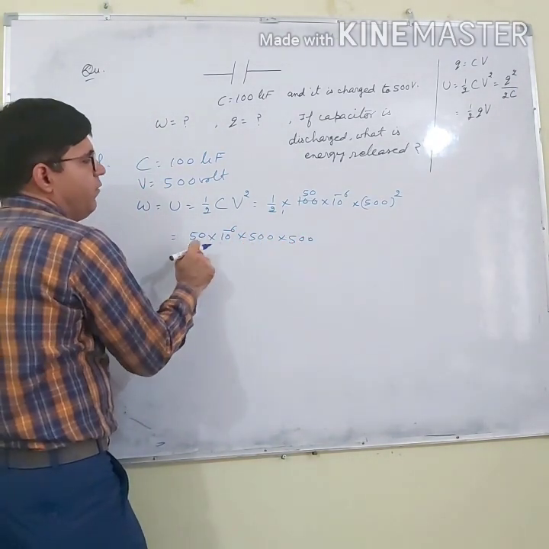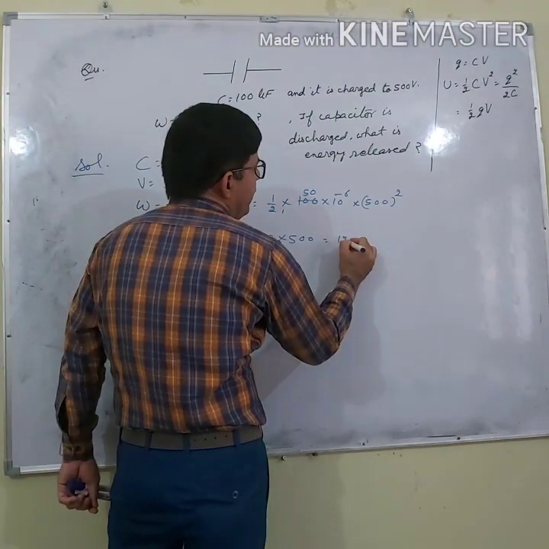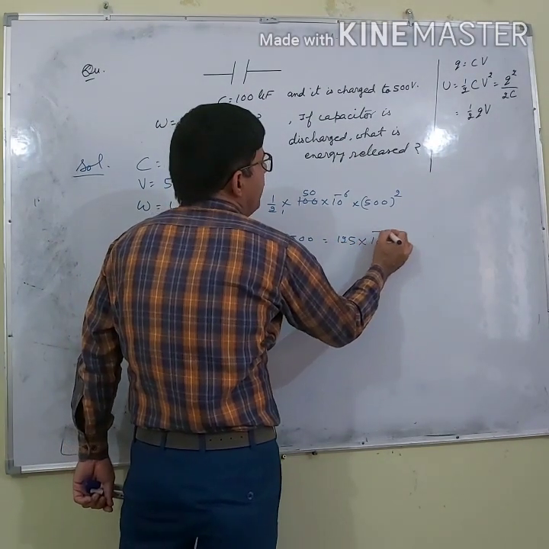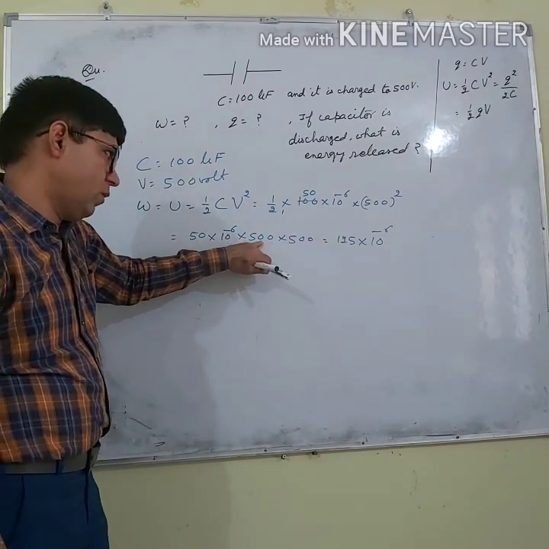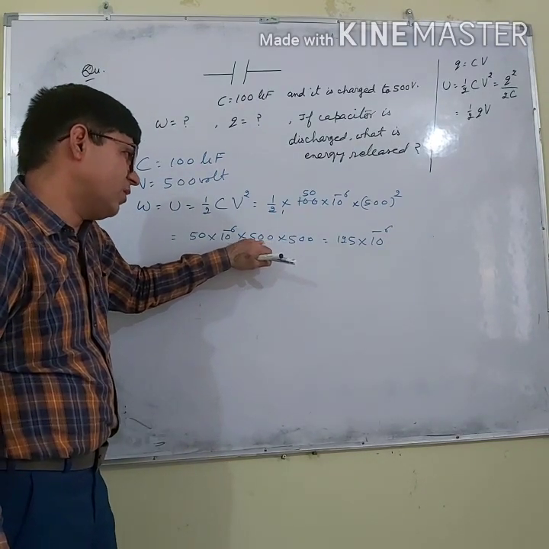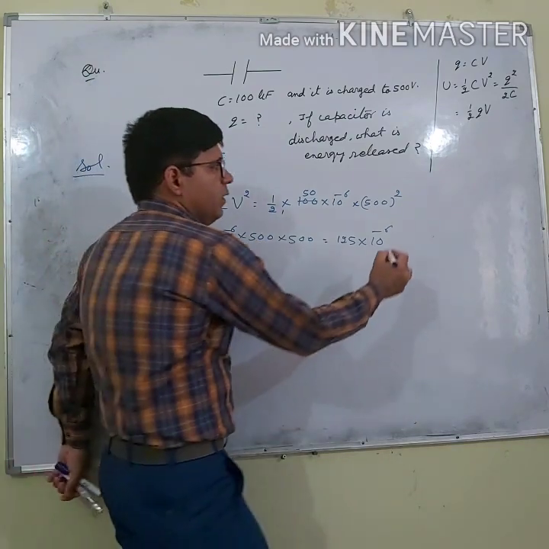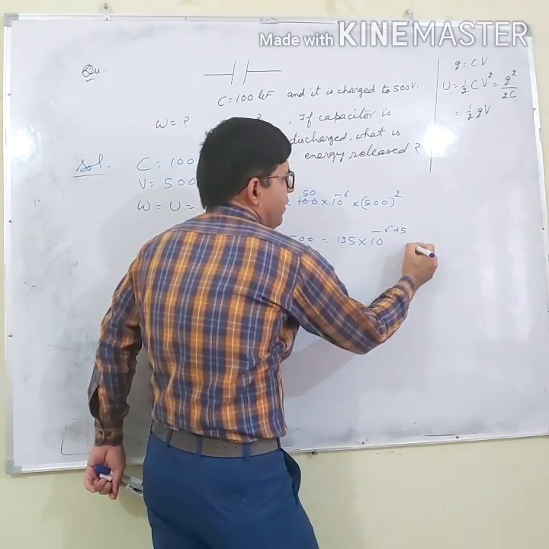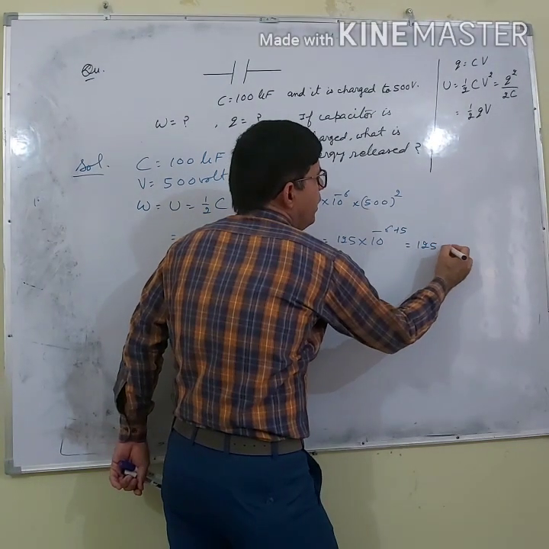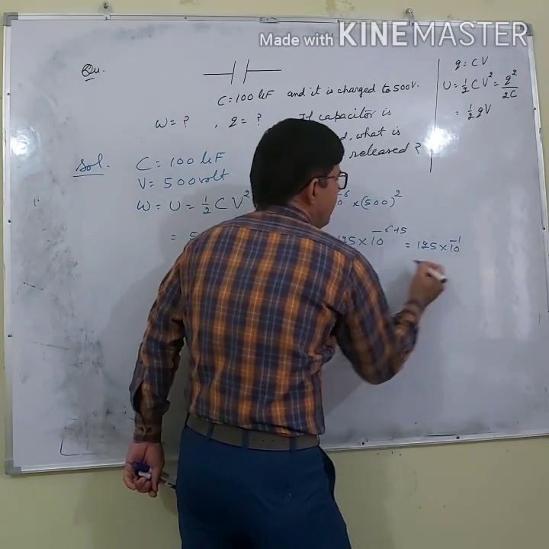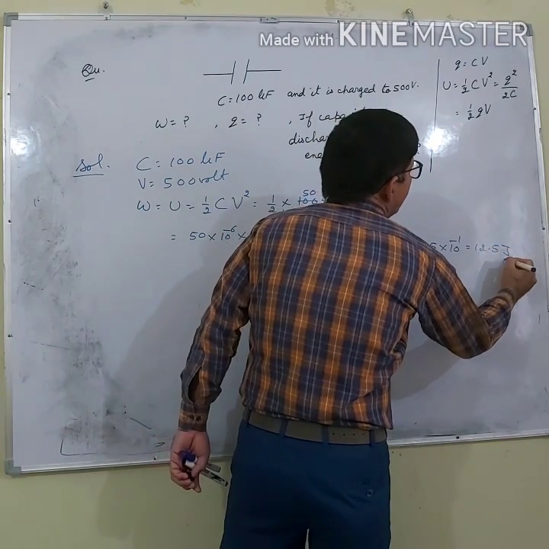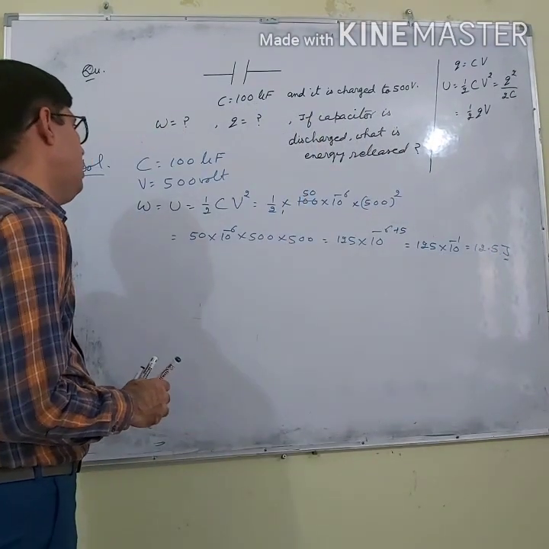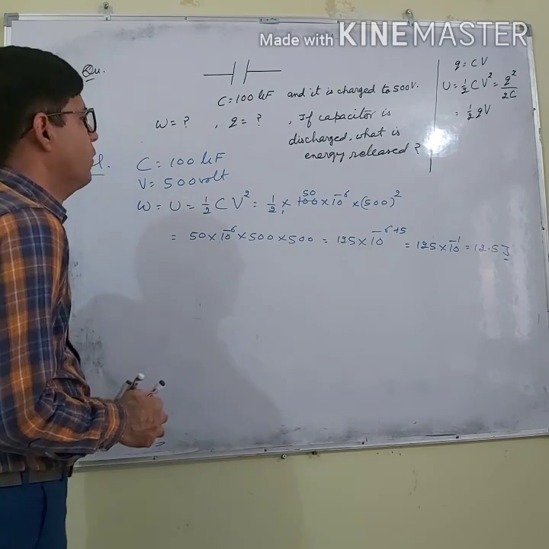So 25 5s are 125 into 10 to the power minus 6. How many zeros are there? 1, 3, 5, so I am writing plus 5. If you solve this, 125 into 10 to the power minus 1, or I can write it as 12.5 joule of work is done.